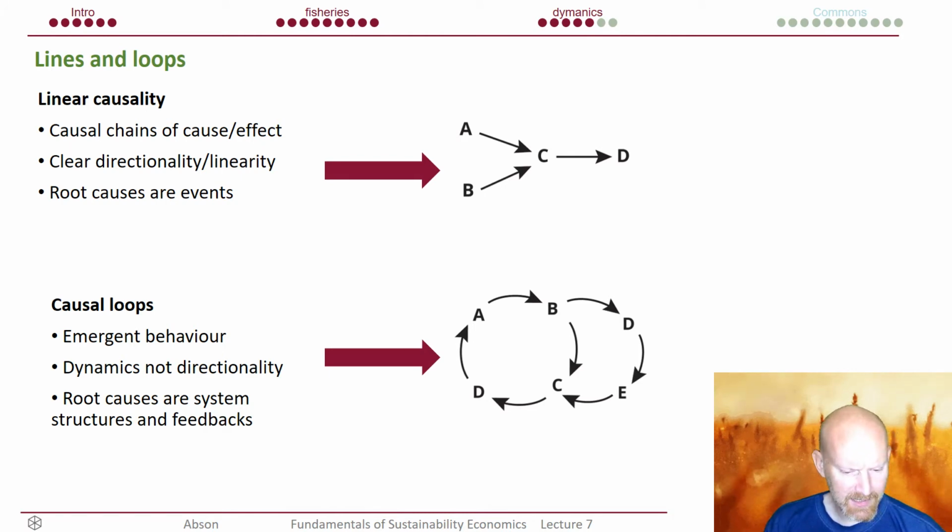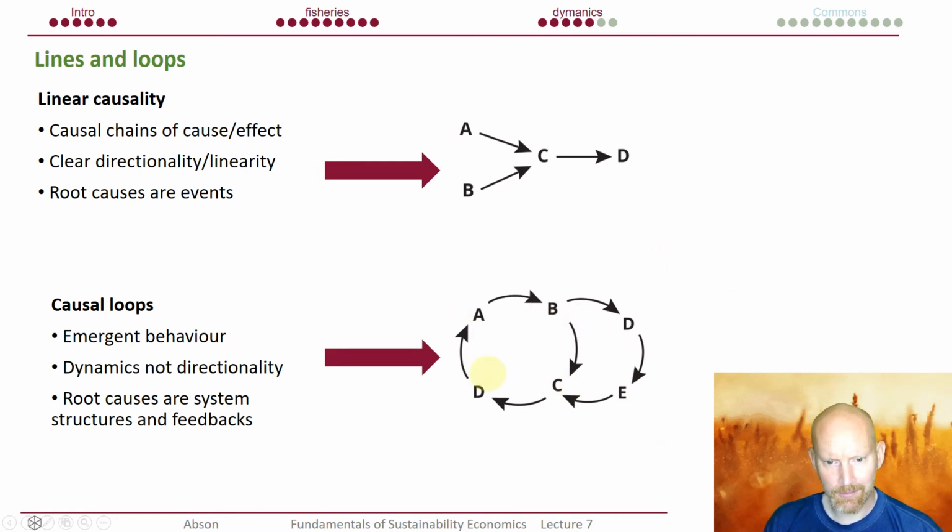Systems thinking is much more based on this notion of causal loops and emergent behavior. There's no single directionality or causality by a single event, but rather the behavior of the system is an emergent behavior based on the interactions between the different elements in that system. So A affects B, affects C, affects D, and B affects D, affects E, affects C, but the outcome is the interaction between all these things.